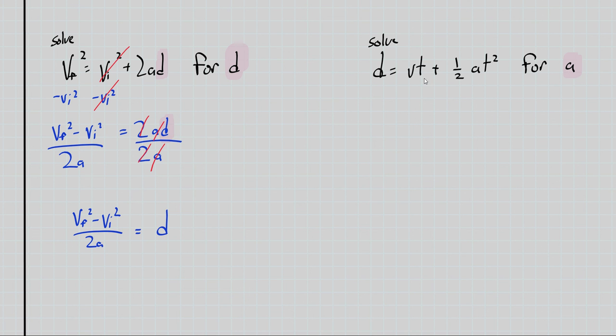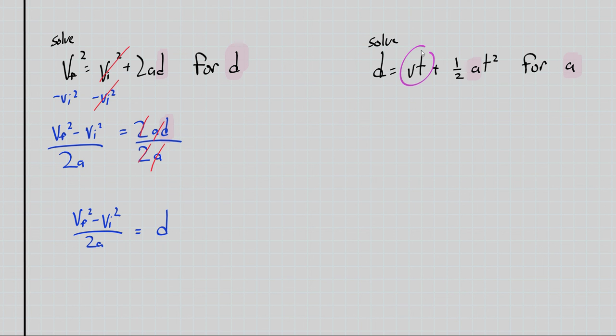Last one for right now, solve d is equal to vt plus 1/2 at squared for a. I want that variable right there. So I'm going to do the same thing I did before. Everything that's not in that term that has the variable, I'm going to ship away. Oops.